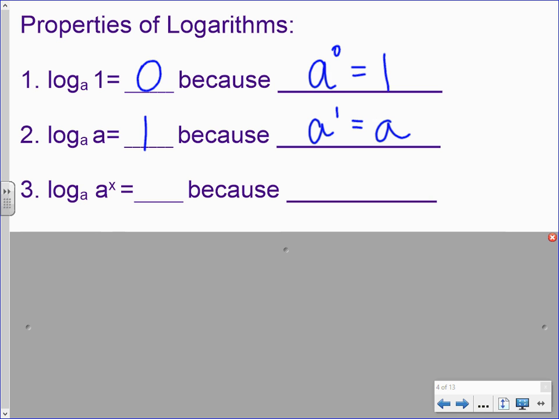Okay. This one is not quite as obvious. But see if you and your pod can come up with an idea for what this is going to equal. That means you need to talk.